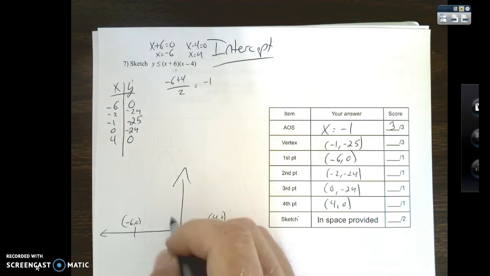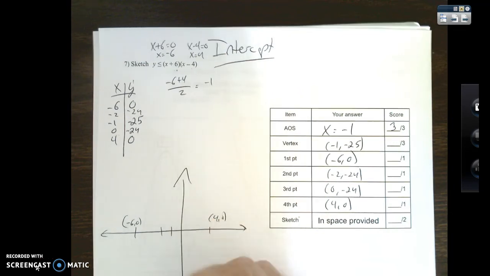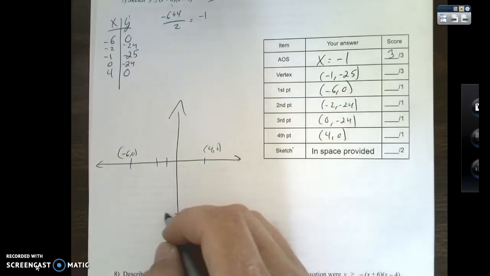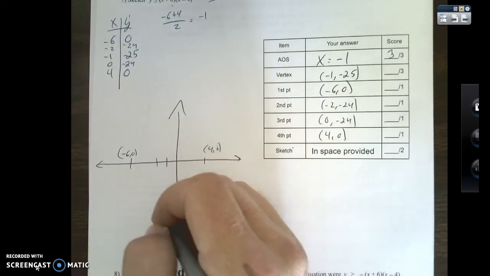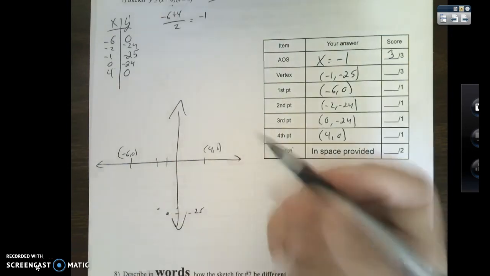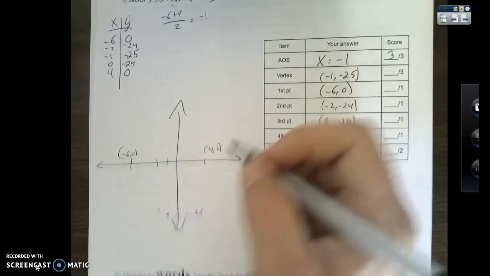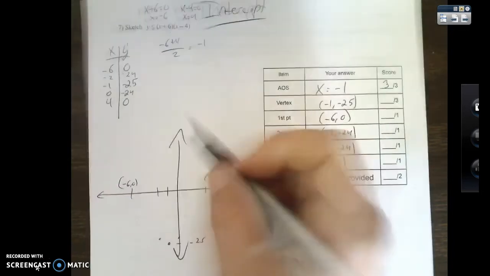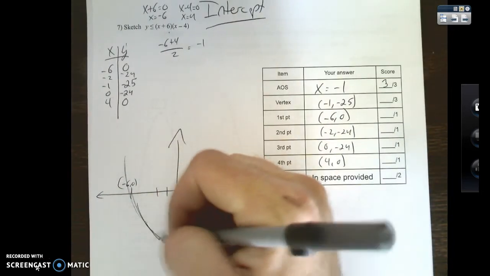Okay. Negative 1, negative 25. I know I'm just ballparking this, so I apologize. Negative 1, negative 25, I'll say is right here. And then I'll say these ones are right here. I know my graph is all screwed up because it's not to scale. We're talking about less than or equal to, so it's going to be a solid line.